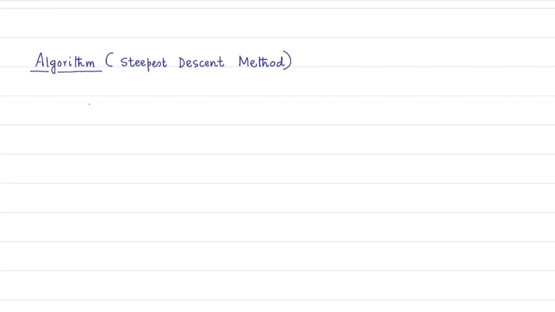In the algorithm of the steepest descent method, let's suppose we are going to find a minimum point of the function f. So we are given a function f of n variables, which we call the objective function, that is known to have continuous first order partial derivatives.